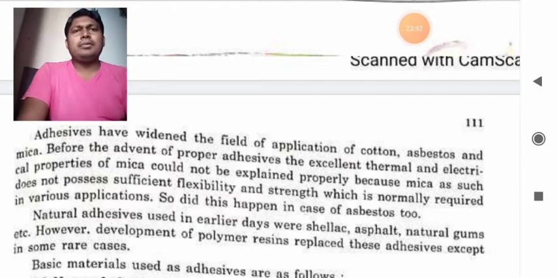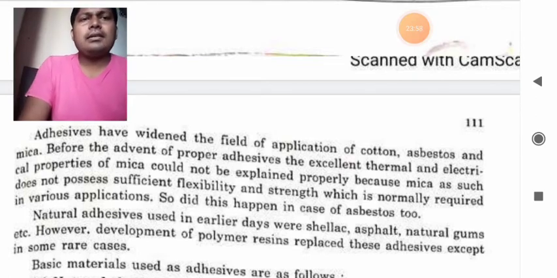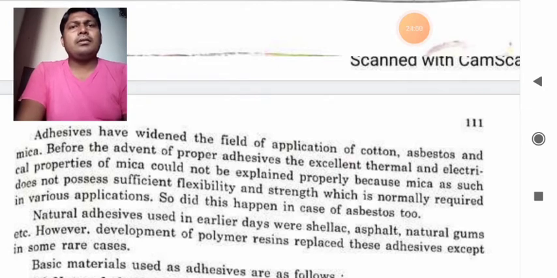So did this happen in case of asbestos too? Natural adhesives used in earlier days were shellac, asphalt, natural gums, etc. However, development of polymer resins replaced these adhesives except in some of the rare cases.